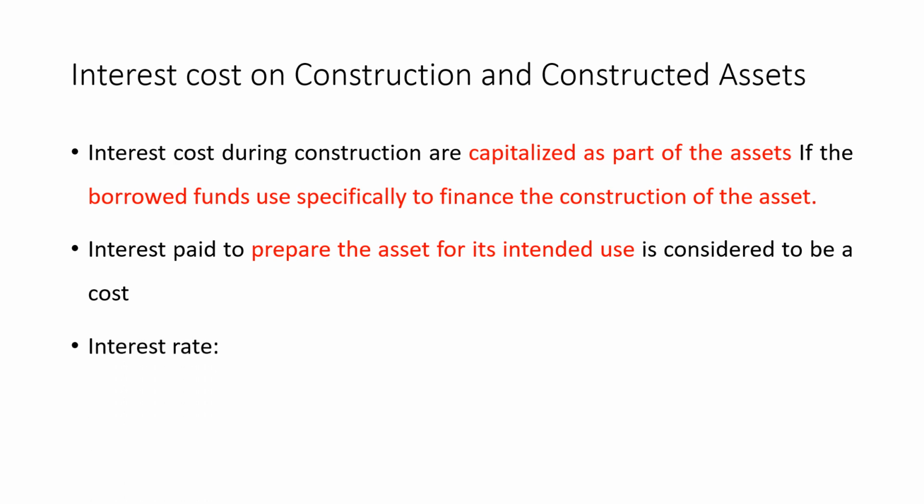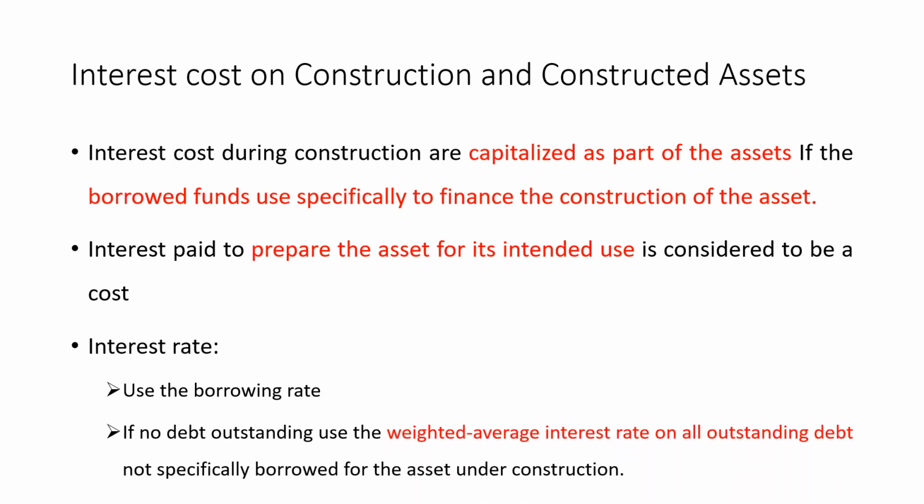Here, the interest rate can be calculated by using the borrowing rate, or if there is no debt outstanding, the weighted average interest rate of all outstanding debt not specifically borrowed for the asset under construction should be used.